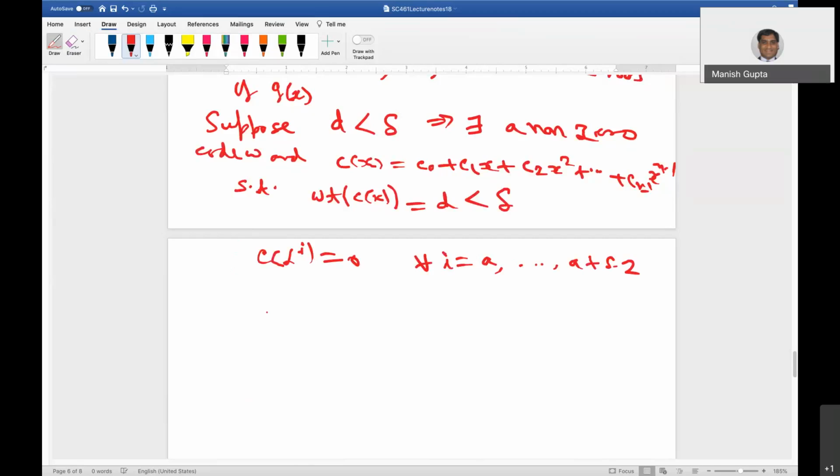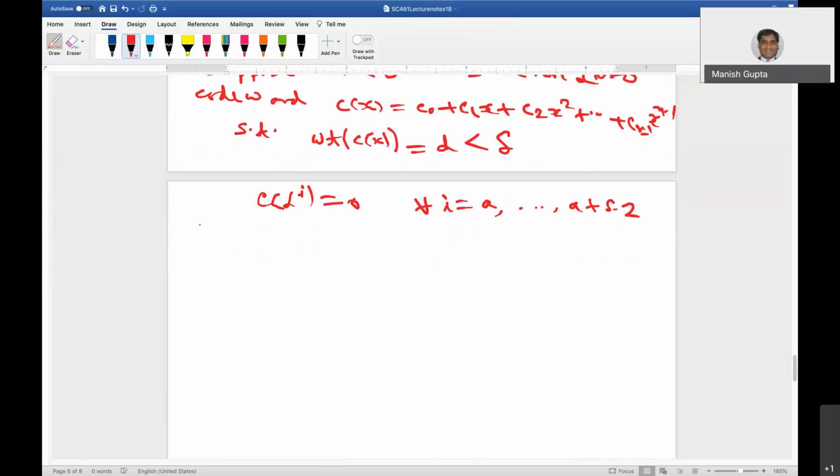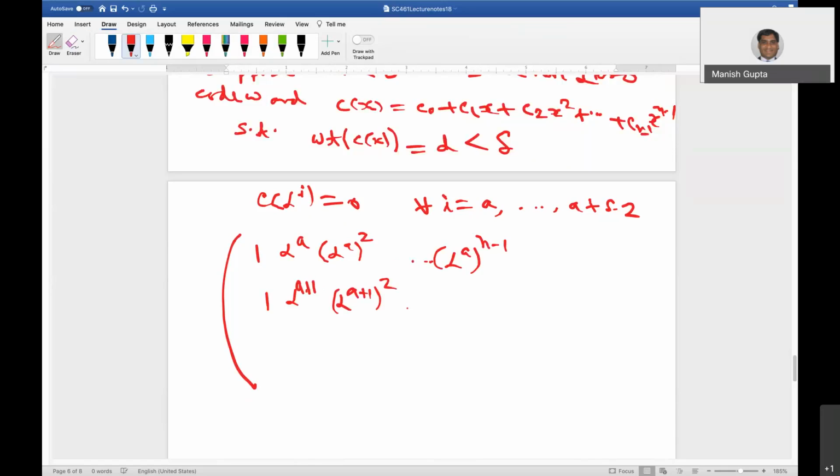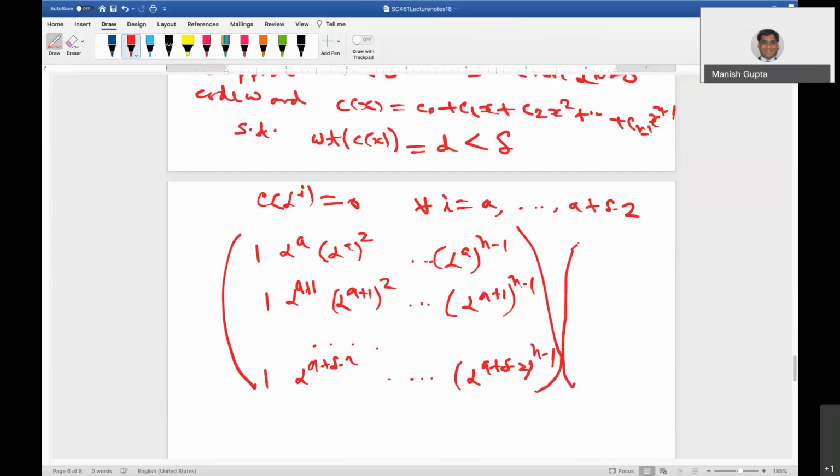So this will give us the following matrix: rows 1, alpha raised to a, alpha raised to a squared, up to alpha raised to a to the power n minus 1; then 1, alpha raised to a plus 1, and so on; down to 1, alpha raised to a plus delta minus 2, up to alpha raised to a plus delta minus 2 to the power n minus 1; times the vector c0, c1, c2, up to c_{n-1}, is equal to 0.